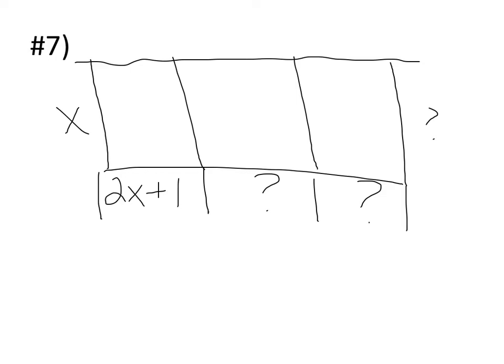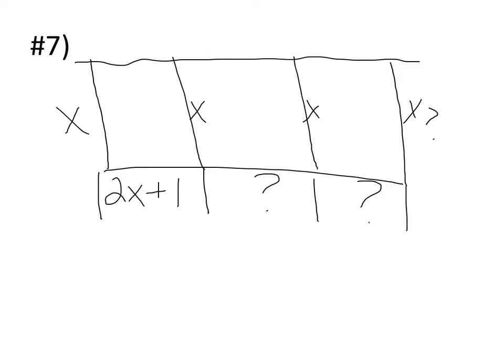Okay. So again, a piece of land along Bayou Liberty is to be fenced and subdivided as shown, so that each rectangle has the same dimensions. Express the total amount of fencing needed as an algebraic expression in x. So because they tell us that each one of the rectangles is the same, we know that this is x, we know that this is x, we know that this is x.